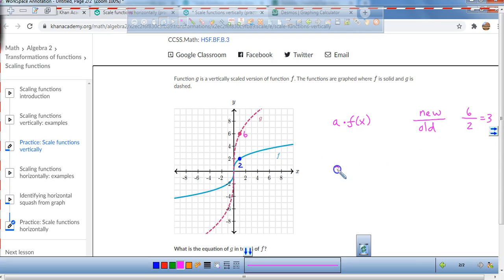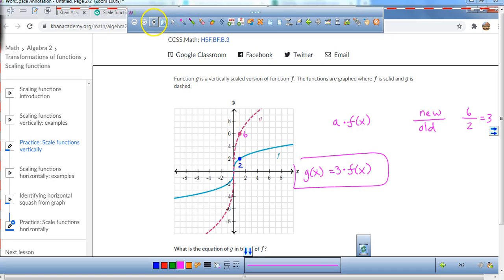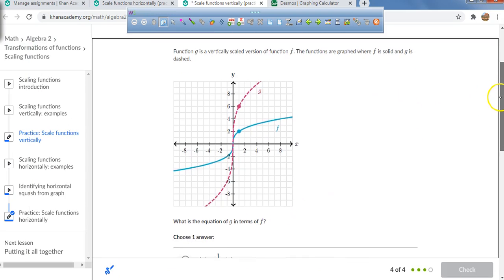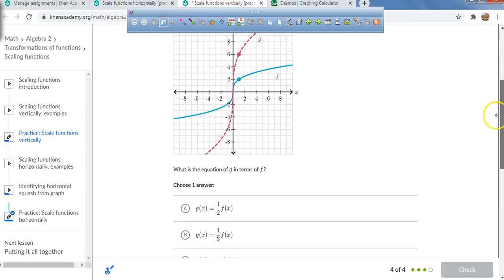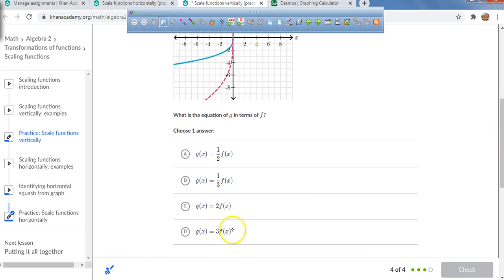So g of x is equal to 3 times f of x, because the y values scaled up by 3.